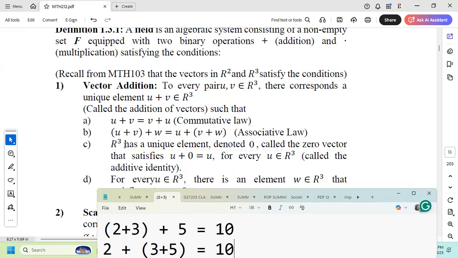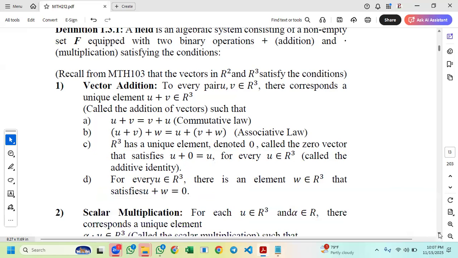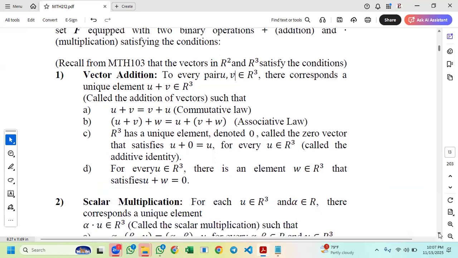Now, in real numbers, r raised to the power of 3 has a unique element denoted by 0 called the zero vector that satisfies u plus 0 is equal to u. Of course, we know this now. What they are trying to explain here is what we've done already in that example of addition and multiplication of Z4 and 5.